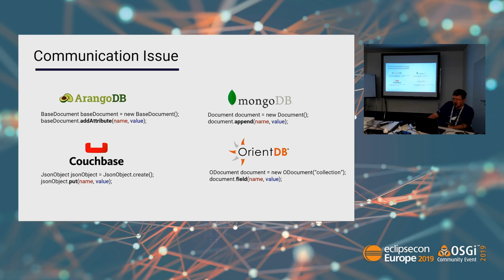So here, again, there's a little bit of terminology for some of the APIs that are out there by vendors, showing how they sometimes call things a little different. And this is only document-based, by the way.